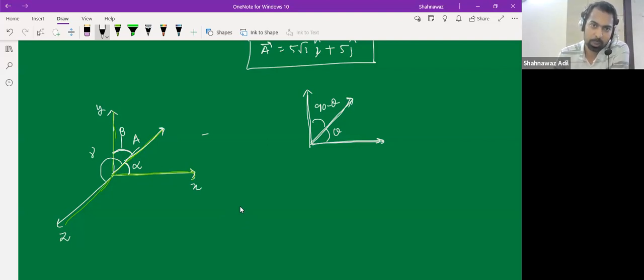The vector in the three-dimensional system has this alpha angle, and this beta angle with the vertical. Understood? Yes, clear.